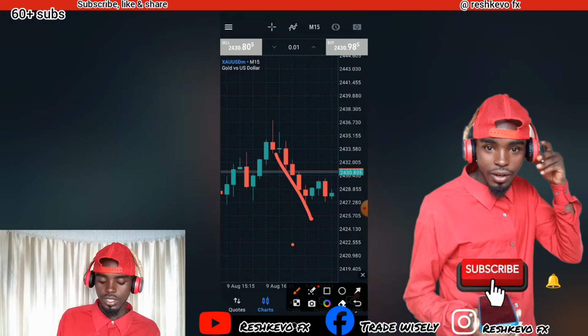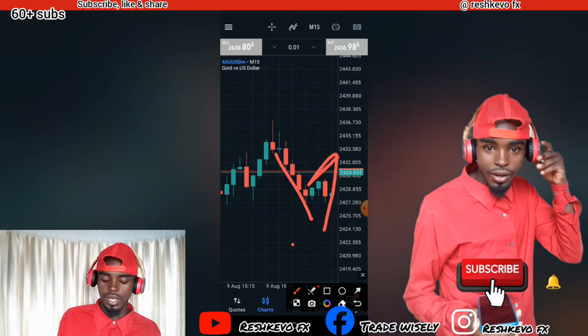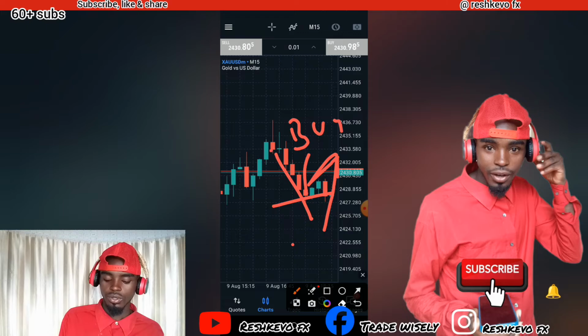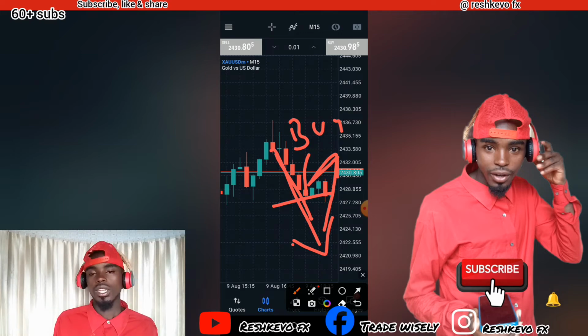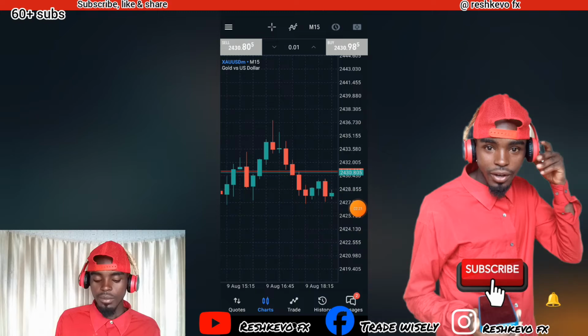The next thing that happened, it is coming up. So the entry of a buy can be here, guys. You can buy at this point because there is a pullback. This is called setup 2. Whenever there is a pullback, on the next 2 or 3 candles, you can take your buys or your sells, guys.